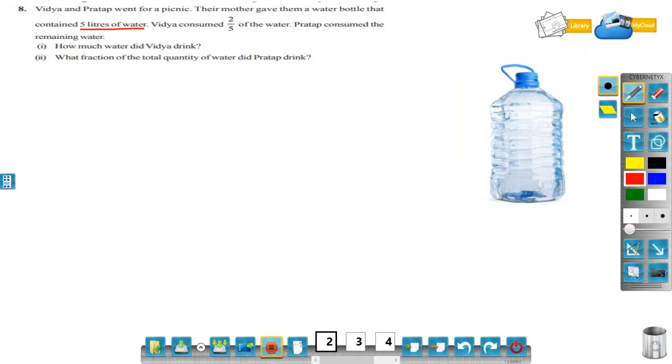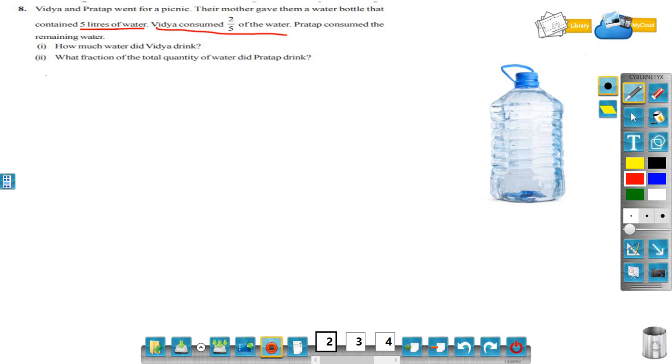Now, Vidya consumed 2 by 5 of the water and Pratap consumed the remaining water. How much water did Vidya drink? What fraction of the total quantity of water did Pratap drink?